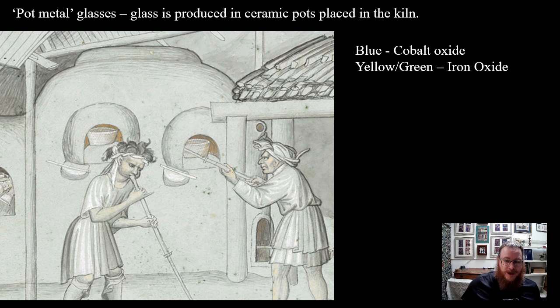Now because these metals are added to the pot and also the colour changes described by Theophilus occur in the pot while the glass is molten and still in the kiln, we refer to these solid coloured glasses in art historical terms as pot metal glass.